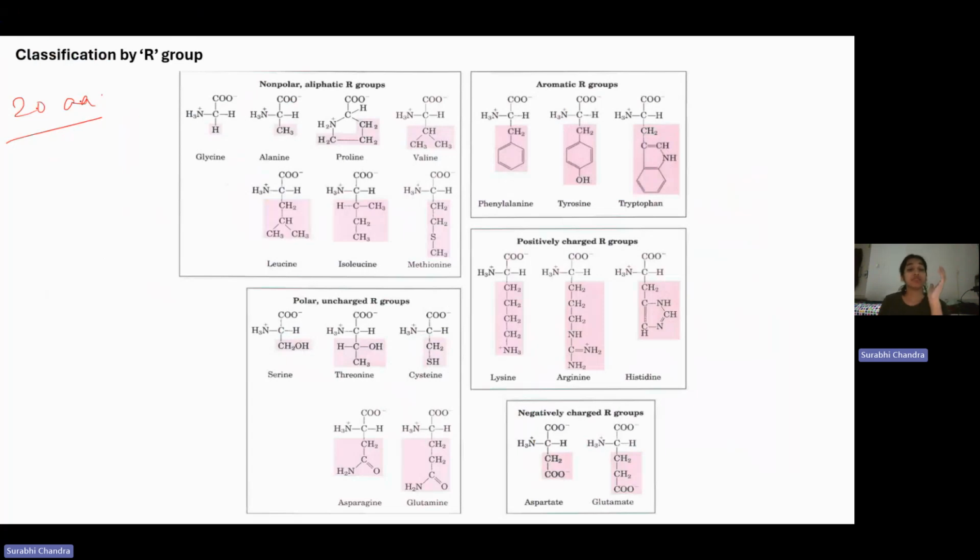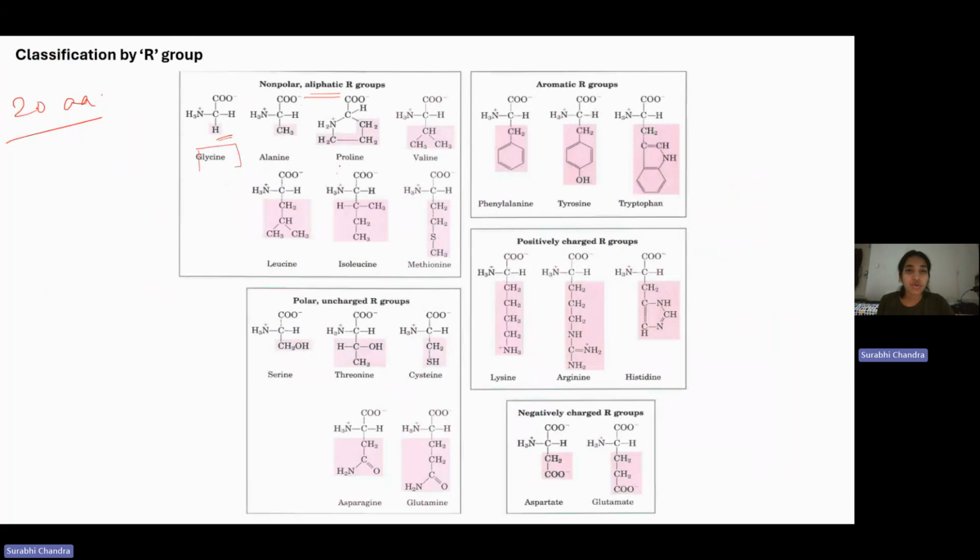The amino acids are classified based on the R group or functional group present in the side chain. In case of glycine, we saw that it is the simplest form with H present over here. Other ones like alanine, proline, valine, methionine, isoleucine and leucine all have aliphatic side chains which are non-polar in nature.